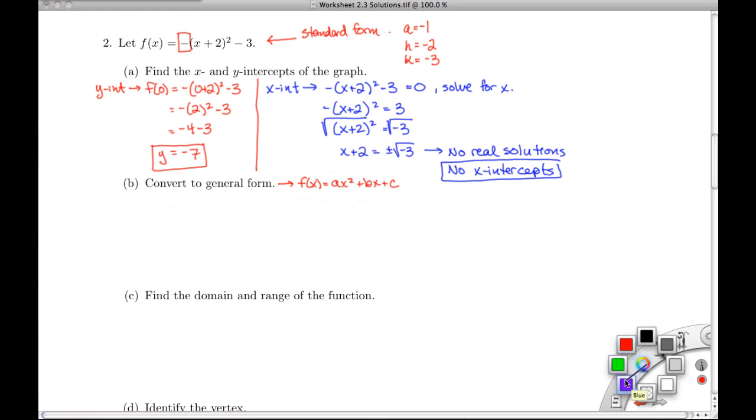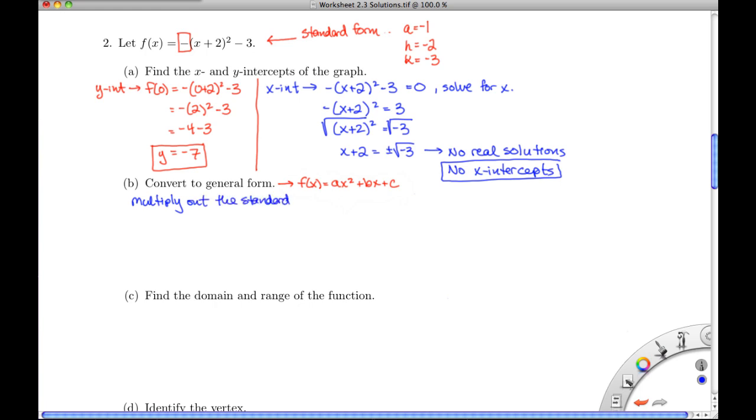If we multiply out the standard form, this is what we'll get. So we've got f of x is equal to minus quantity x plus 2 squared minus 3. First thing we'll do is square this.